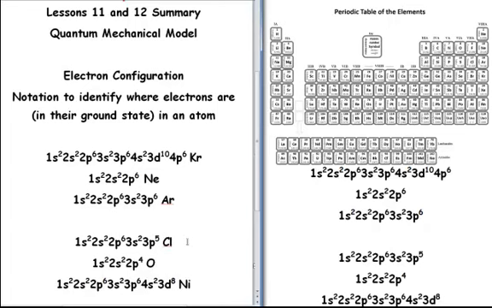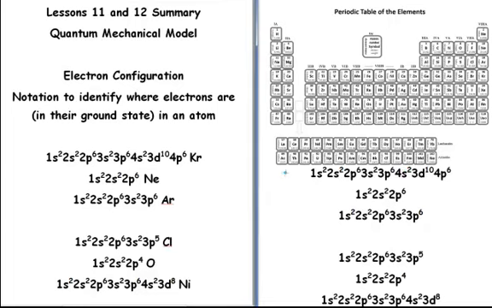Okay, so the reason that I've put all of these up here is so that you can hopefully see a pattern. In krypton, which is over here, copied, you see that in the very highest energy level, which is energy level 4 in this case, it's not the highest energy level that you could have, there are a total of 8 electrons placed.